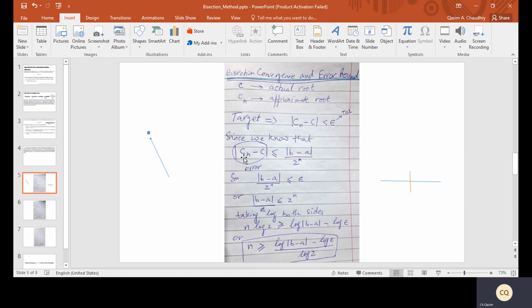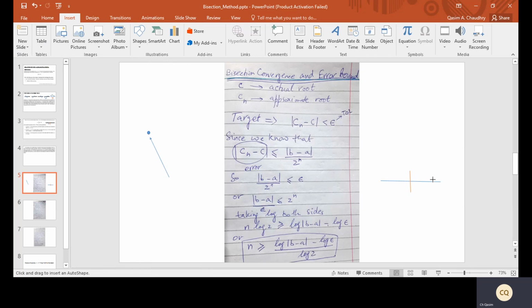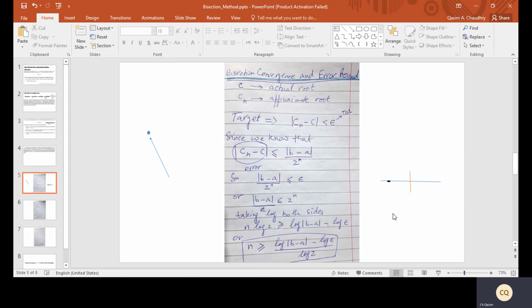And it says that this error, let me take this point, then it would be easy for you to understand. Students, let me take it as black. So this point is your exact root.